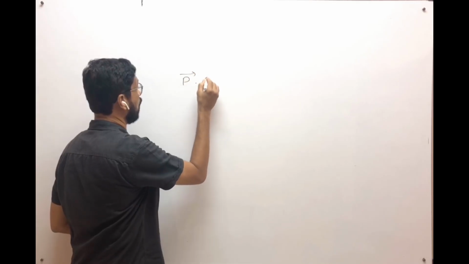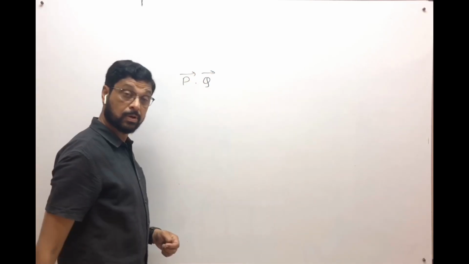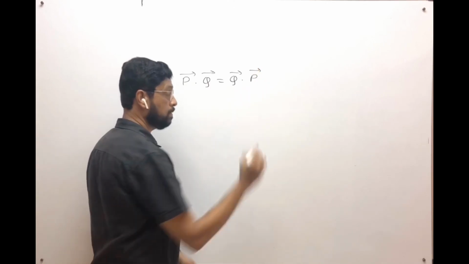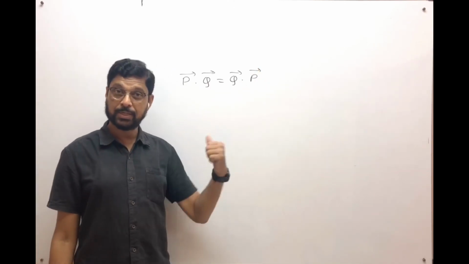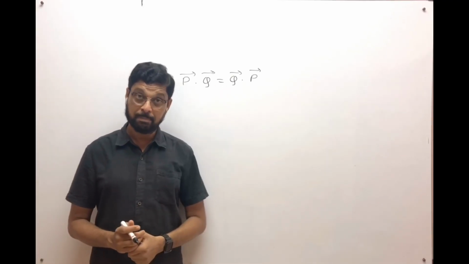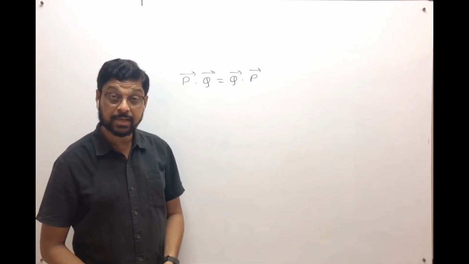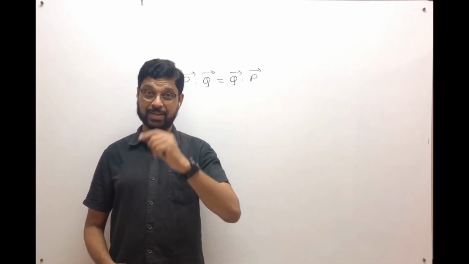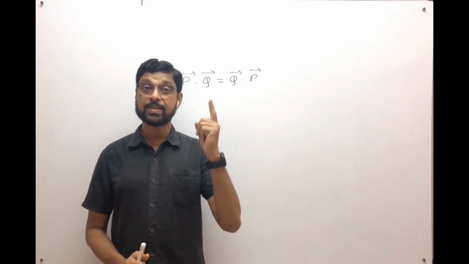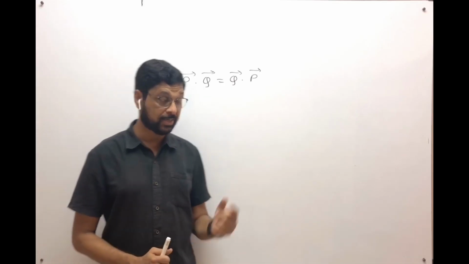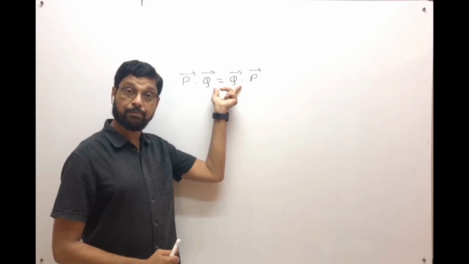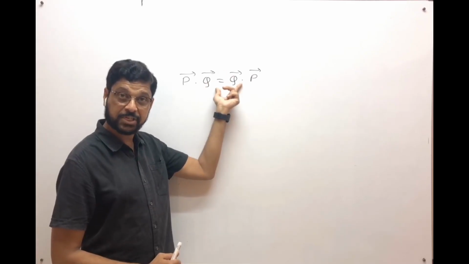P dot Q will be equal to Q dot P. That is called commutative law of multiplication, and that is the first characteristic of dot product. First property, first characteristic of dot product is the dot product obeys commutative law of multiplication.